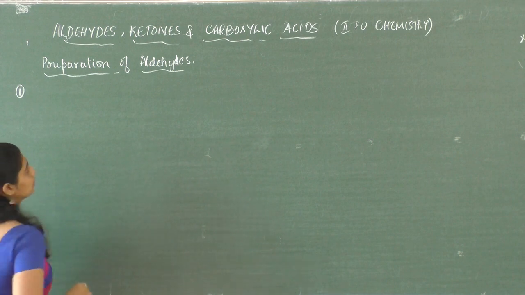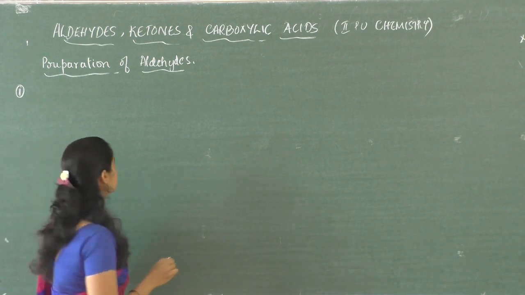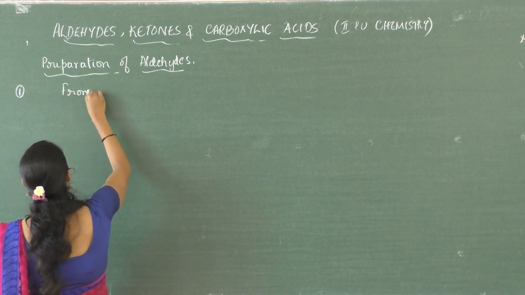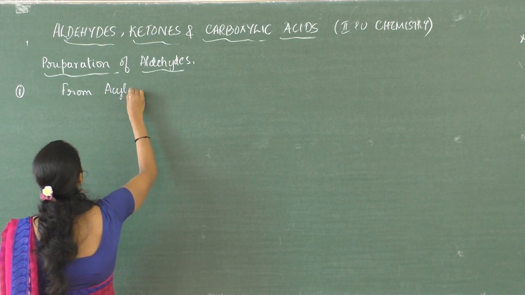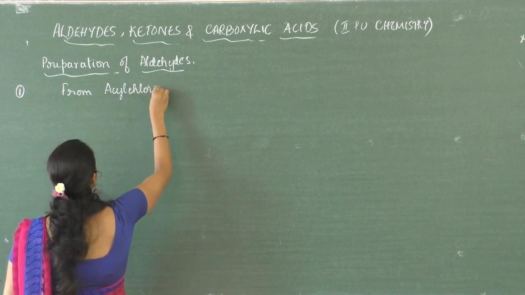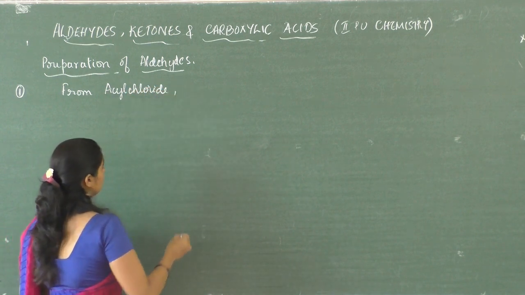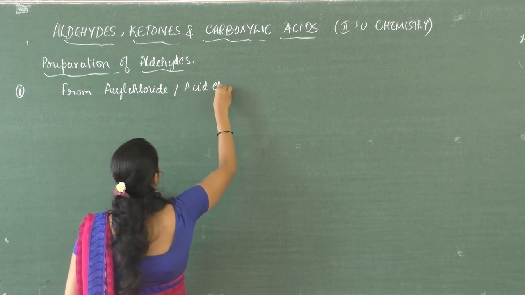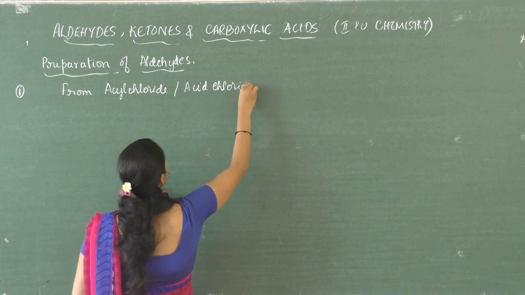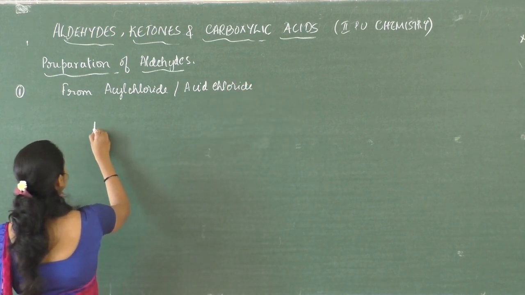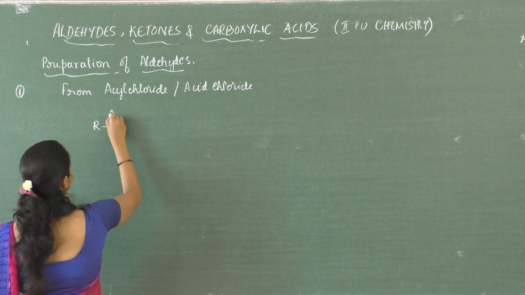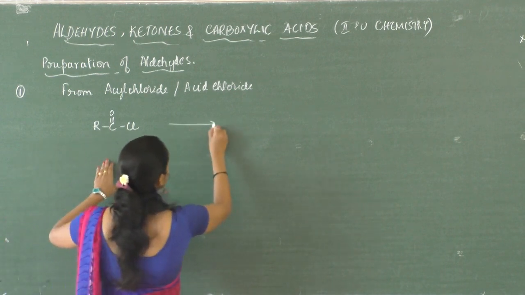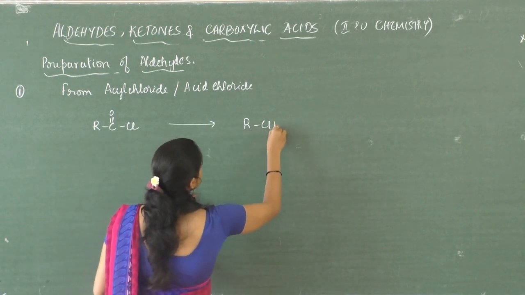The first method of preparation of aldehydes is from acyl chloride or carbonyl chloride, or you can also call it acid chloride. That is, the formula is RCOCl. So this is acid chloride. From this you need to get RCHO.